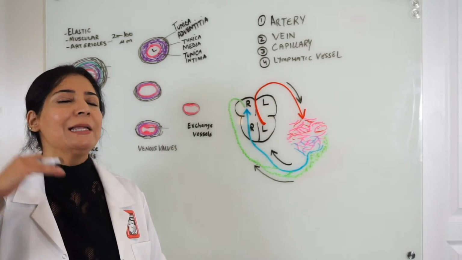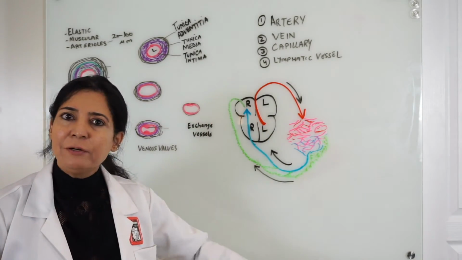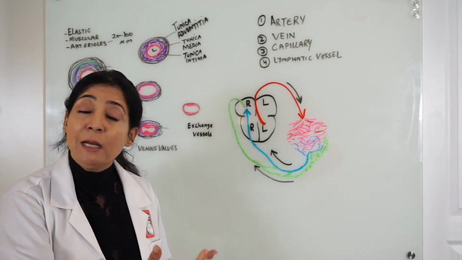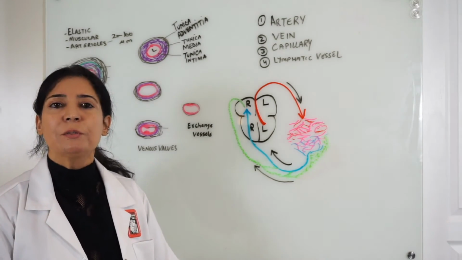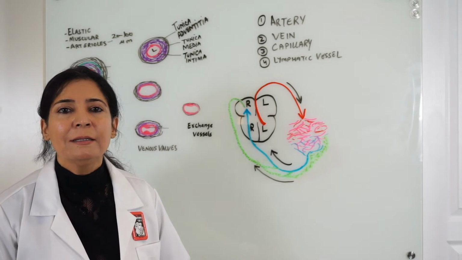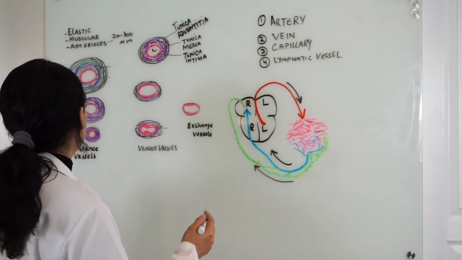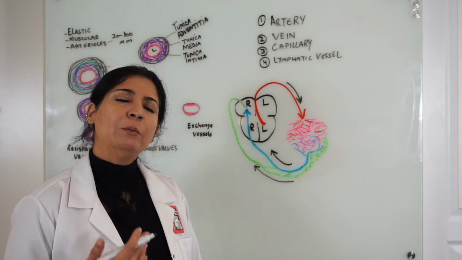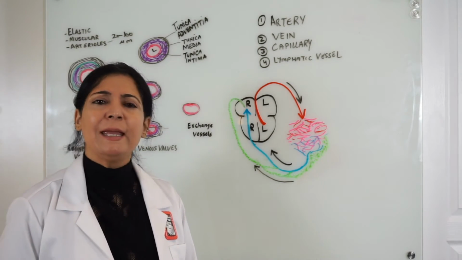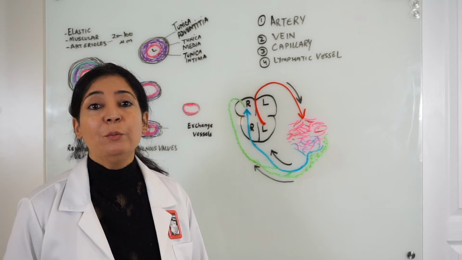So we start from the elastic artery at the level of the heart, then the muscular arteries at the peripheral level, then the smaller arteries just at the tissue level, and the arterioles, which are serving the capillary bed, and then that's the end of the arterial tree. Now, why have we labeled them as elastic, muscular, small arteries and arterioles?